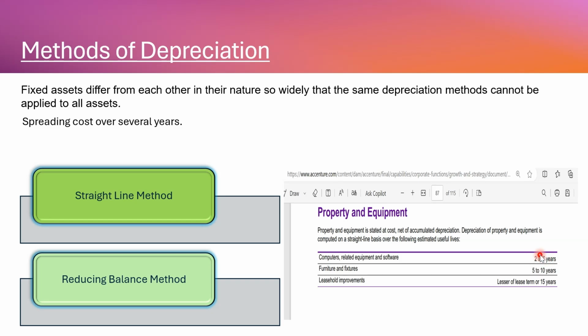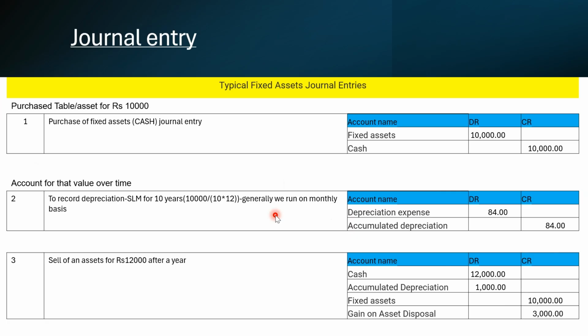Furniture is considered at 5 to 10 years useful life of an asset, and for leasehold improvement we have a different useful life. This is how any company will publish their annual report, and they disclose the depreciation method as well.